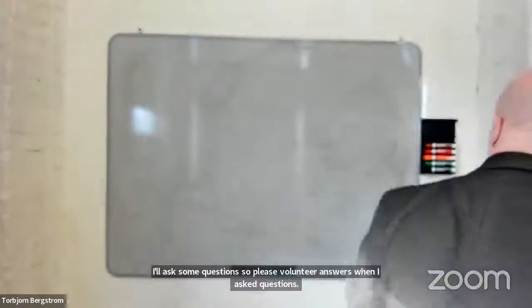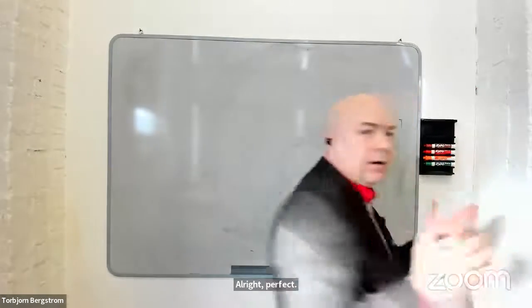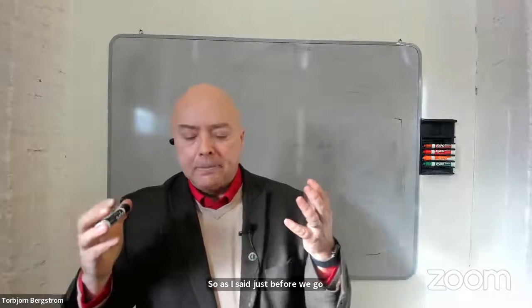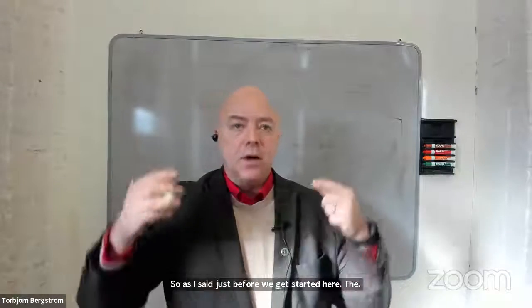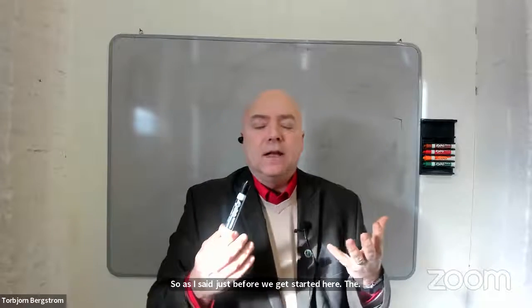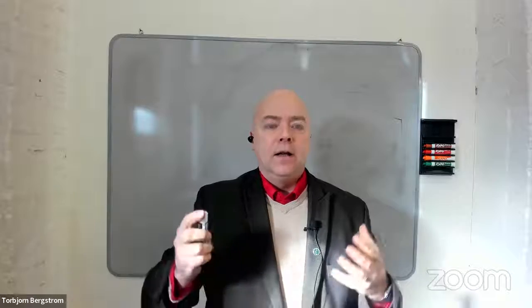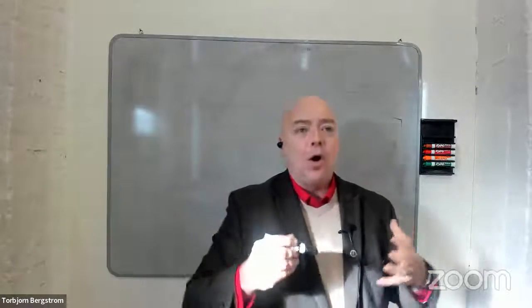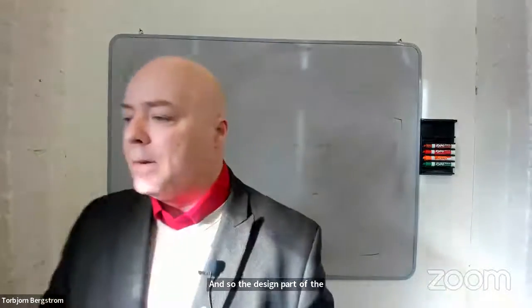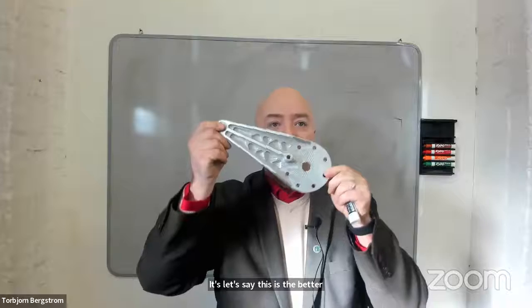All right, perfect. So as I said just before we got started here, the process of going from idea to physical part to having a thing in your hand first involves doing some design stuff, right? And so the design part of the job, let's say this is the physical part that we want to have.